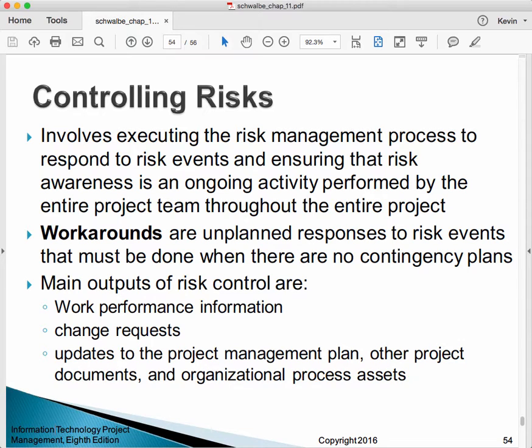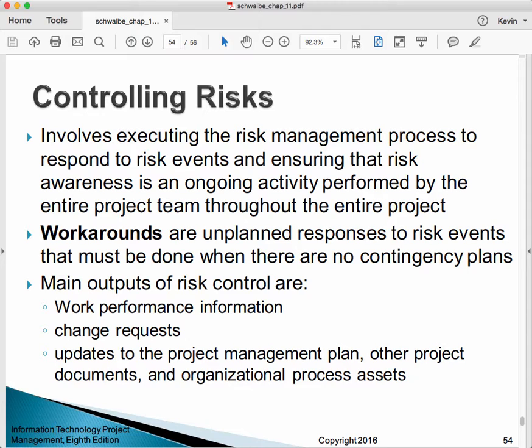Controlling risks involves executing the risk management process to respond to risk events and ensure that risk awareness is ongoing and performed by the entire project team throughout the entire project. We also have these things called workarounds. They're responses to risk, but they're not planned. Workarounds are unplanned responses to risk events that must be done where there are no contingency plans.